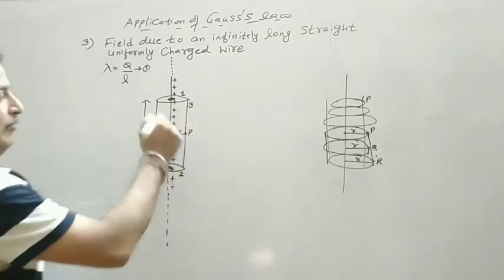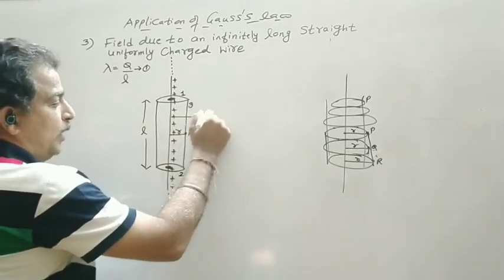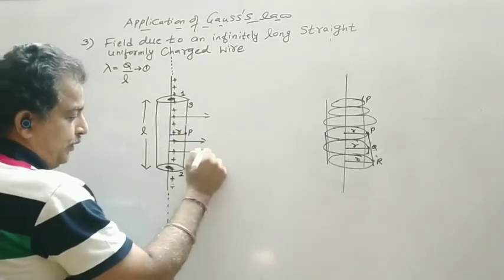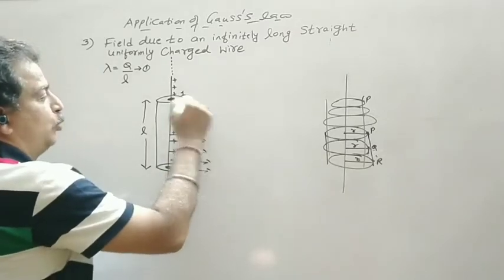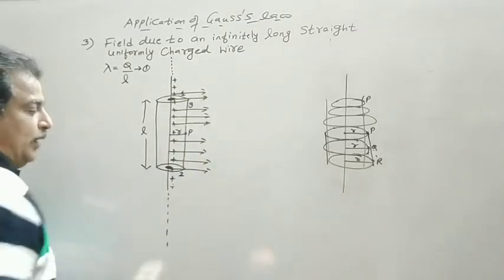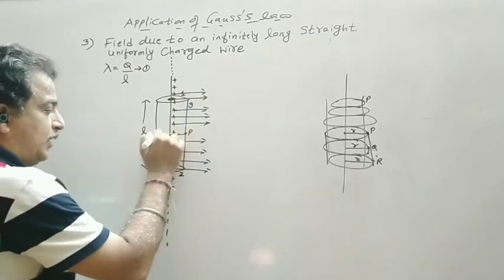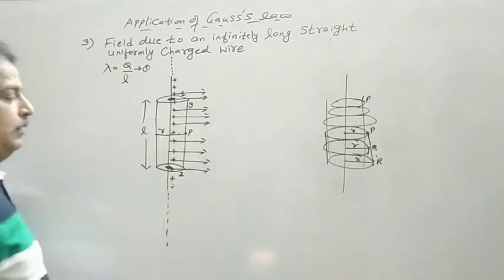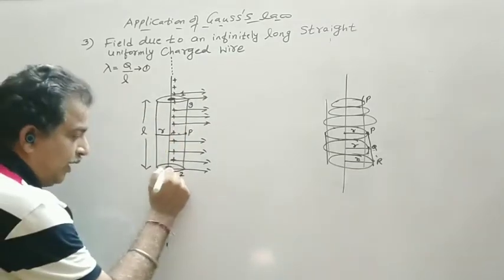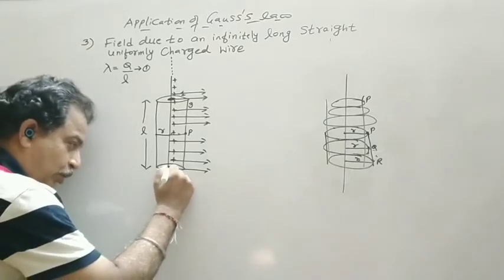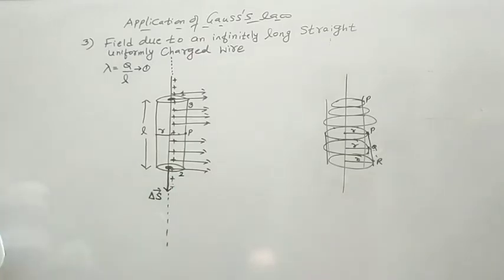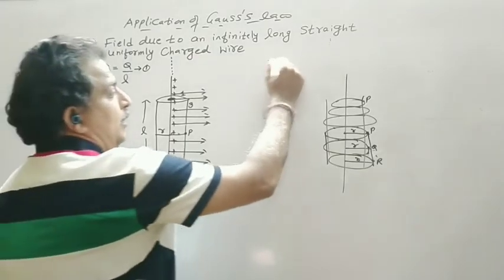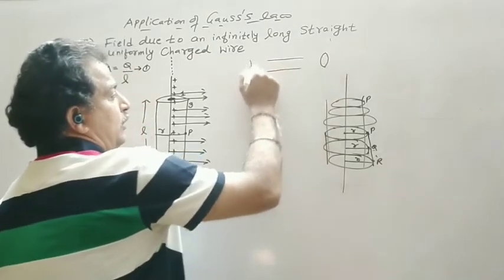It is clear that the field lines are radially outward, that we have shown. So these are the field lines which are radially outward. So I take a small element, let this R be the radius. So this is a small element. Now the area vector of this will be delta S vector. We know that the cylinder has three parts.